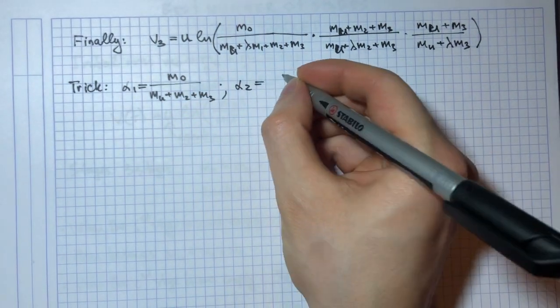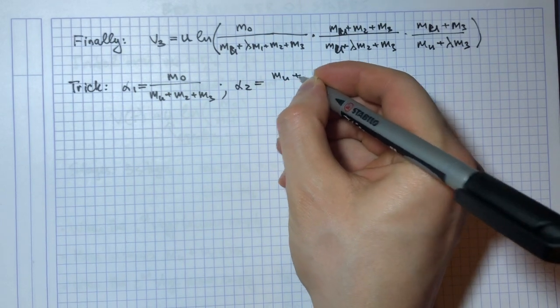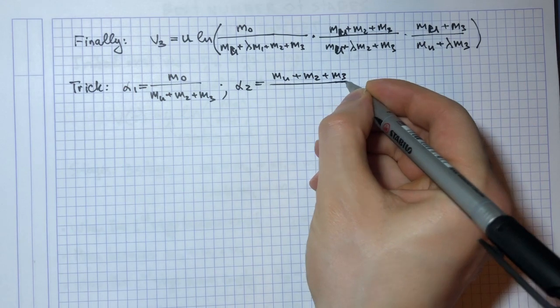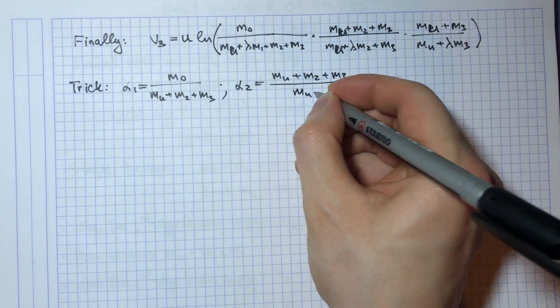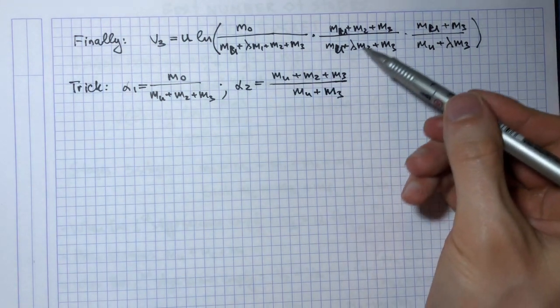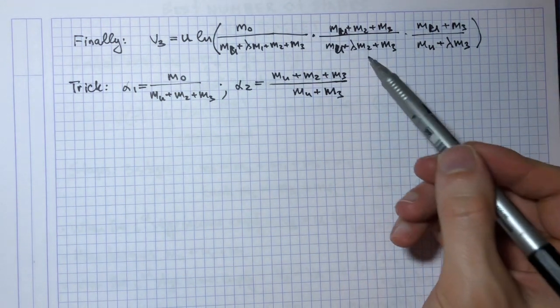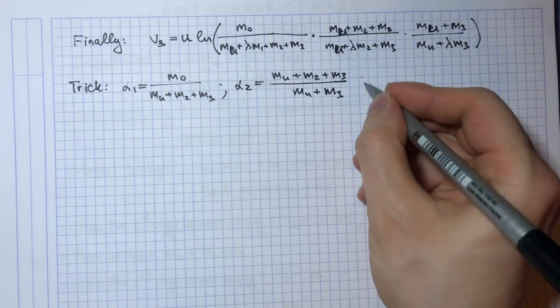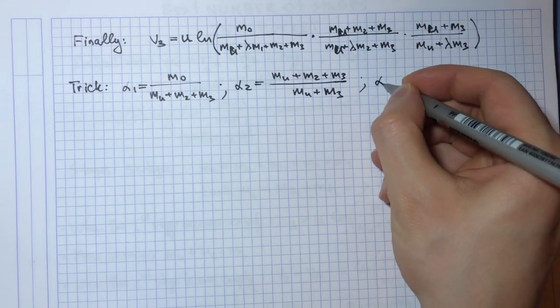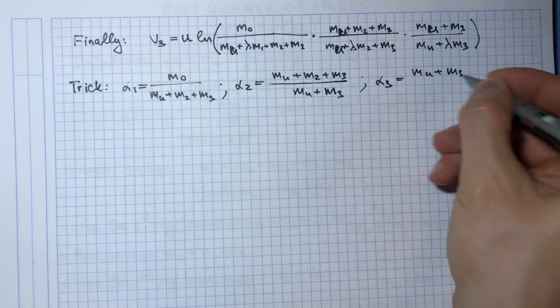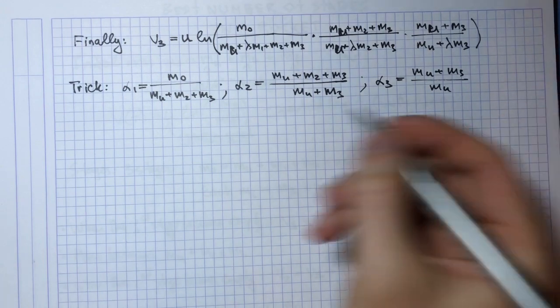Alpha 2 is mu plus m2 plus m3 over mu plus m3. So I'm kind of following these fractions, except I do not add this lambda term. And then alpha 3 is mu plus m3 over mu.